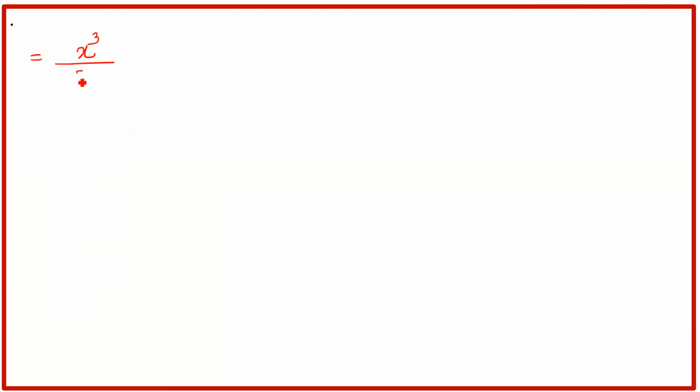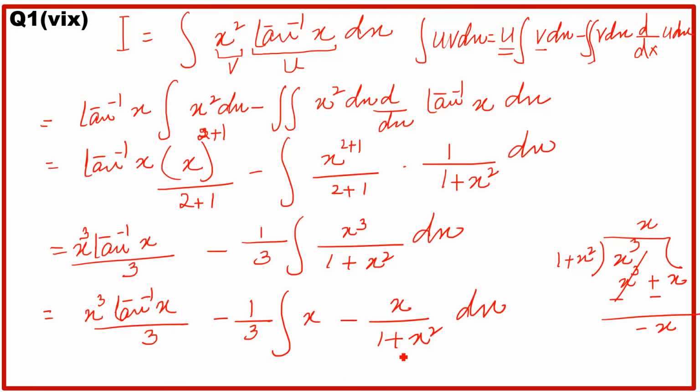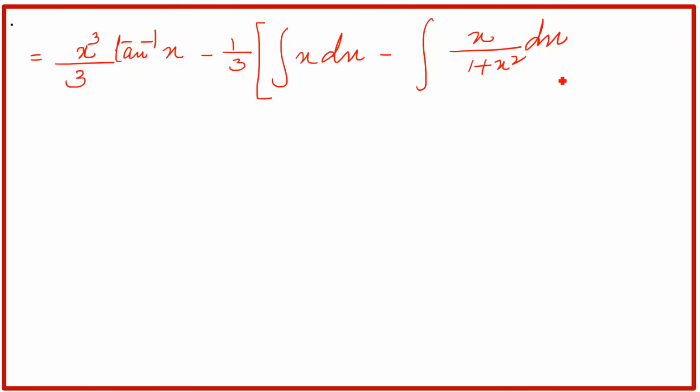This part will remain the same: x cube over 3 tan inverse x minus 1 over 3 integral of x dx minus integral of, from here, this is x, and minus x divided by 1 plus x square. So we will do the separate integration. Here it is x cube over 3, tan inverse x remains the same.